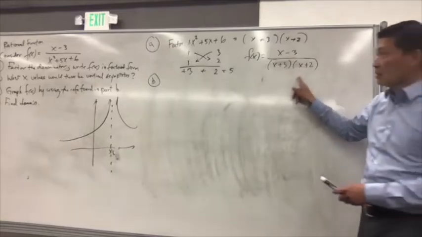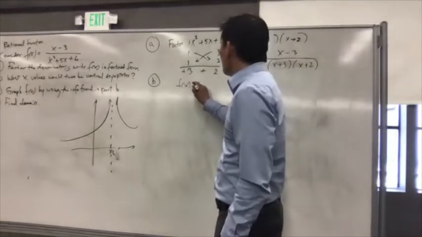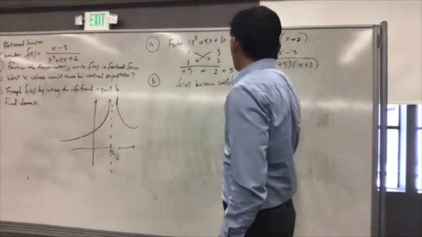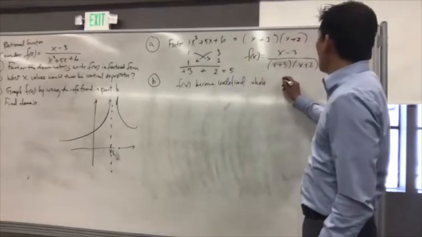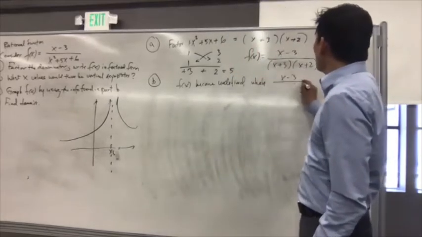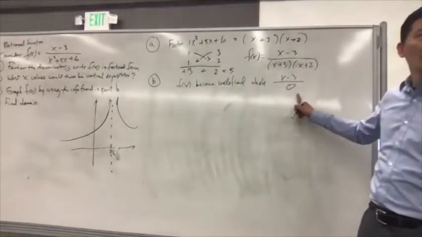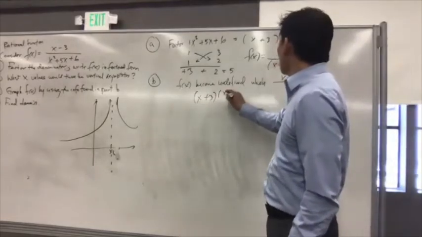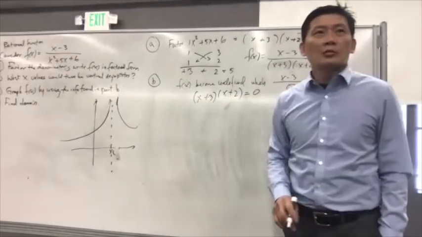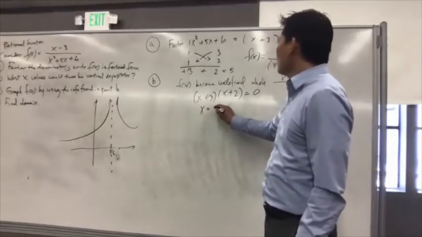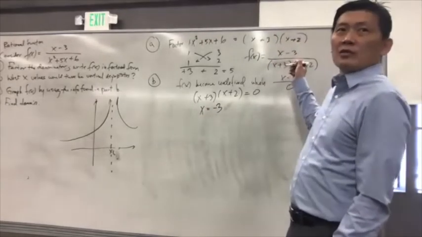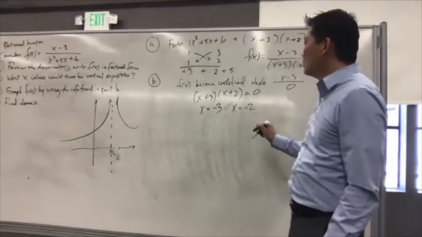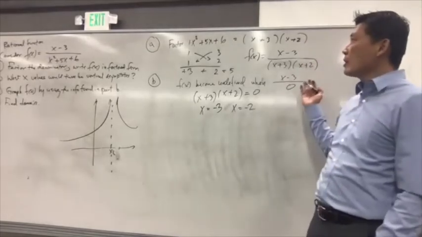F of x becomes undefined when you got x minus 3 over 0, right? That means x plus 3 times x plus 2, you set them equal to 0, then when x is equal to negative 3, the function is undefined, because it will make the whole thing equal to 0. Or x is equal to negative 2, the whole thing becomes 0, undefined.